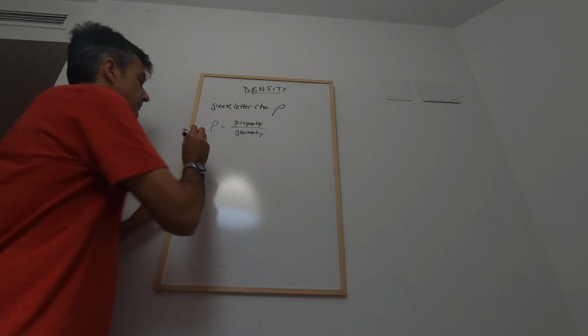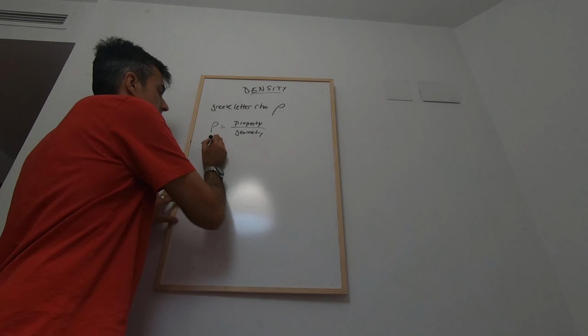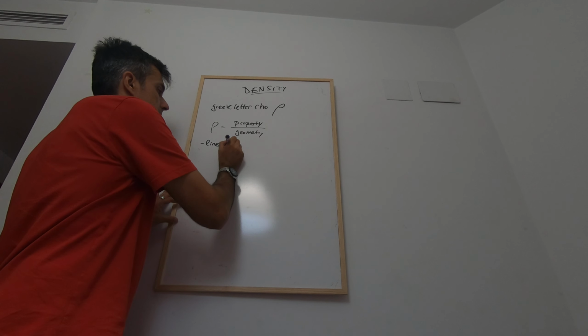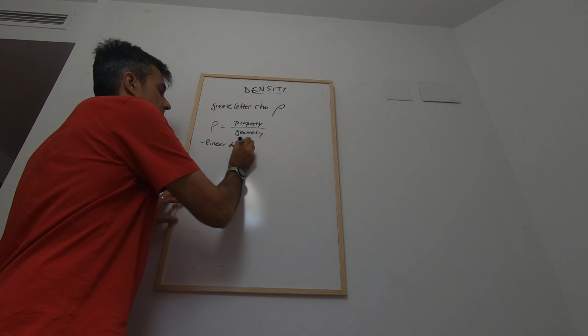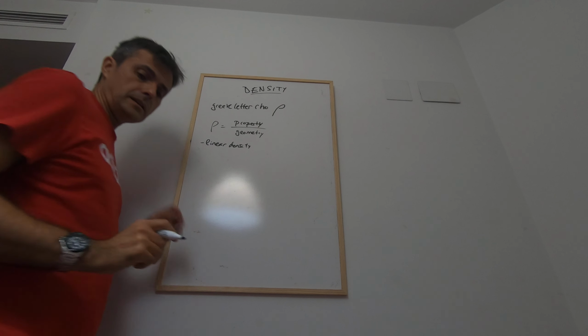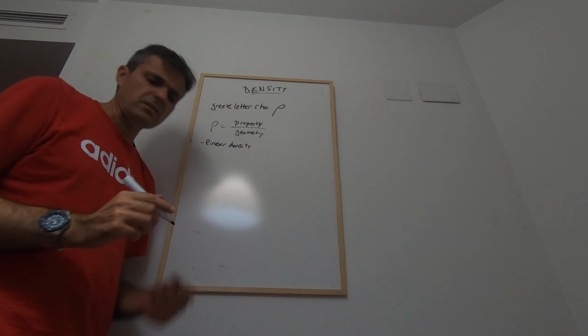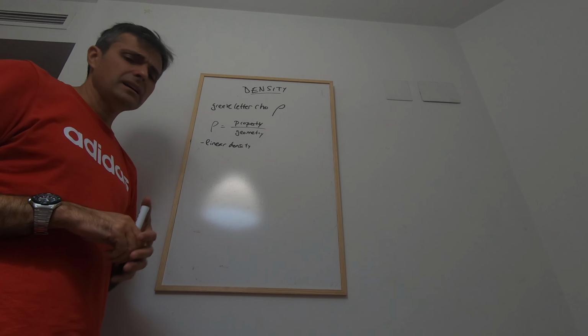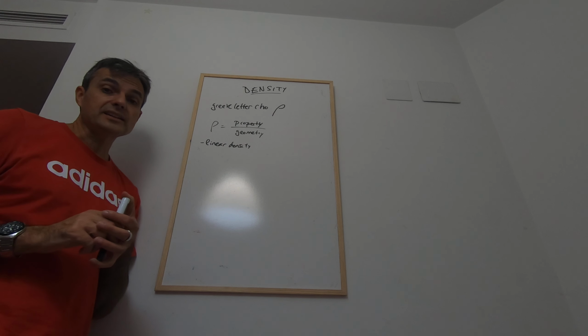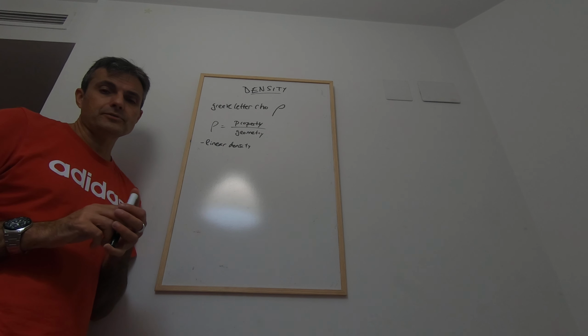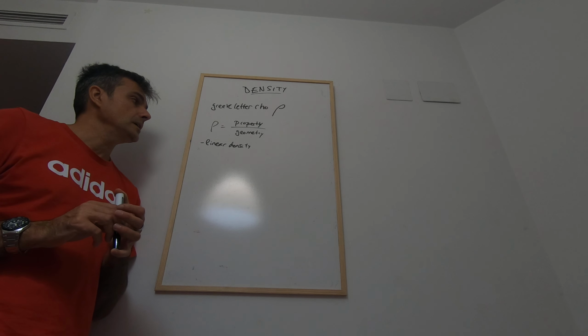So, for instance, we can have linear density. Here in the shops, what you call dollar shops in the United States, here we call them Chinese shops because they are run by Chinese people.